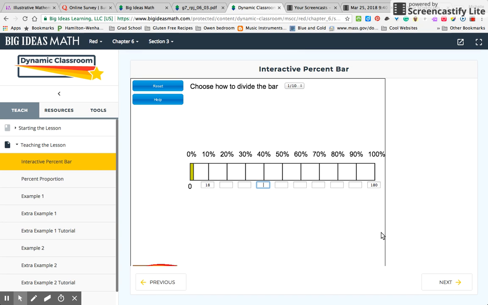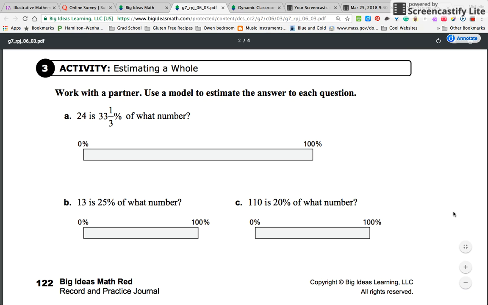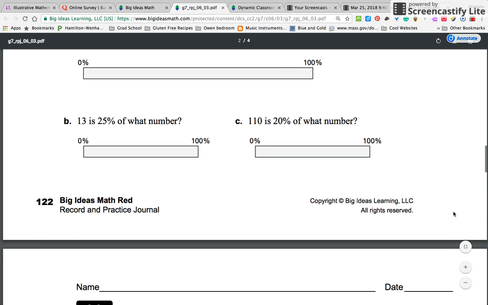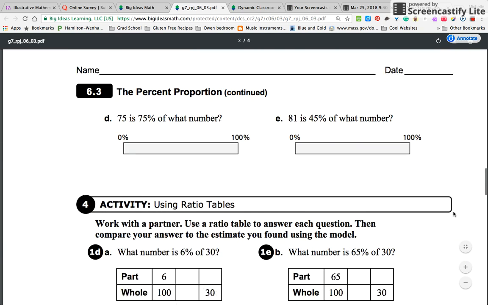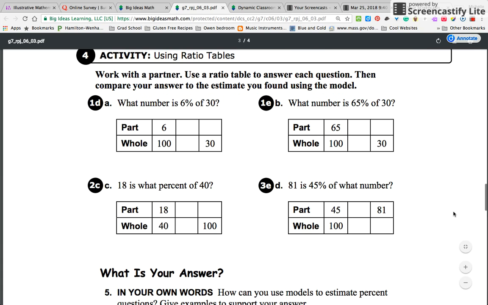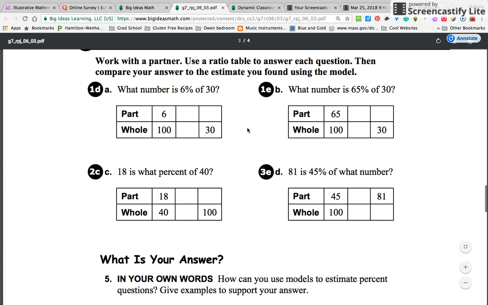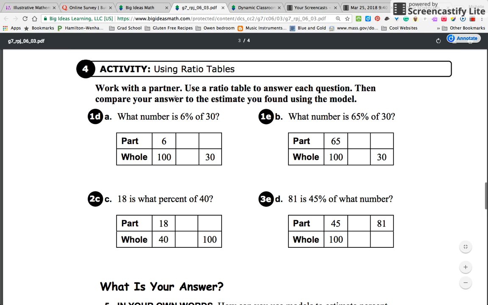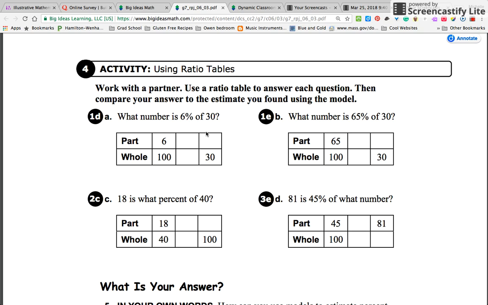All right, so now we're going to look at a different way of solving these kinds of questions, because you could see how that last one was very tricky, and it's called the percent proportion. So we'll look at dividing these up into the percentages and then working our way up.